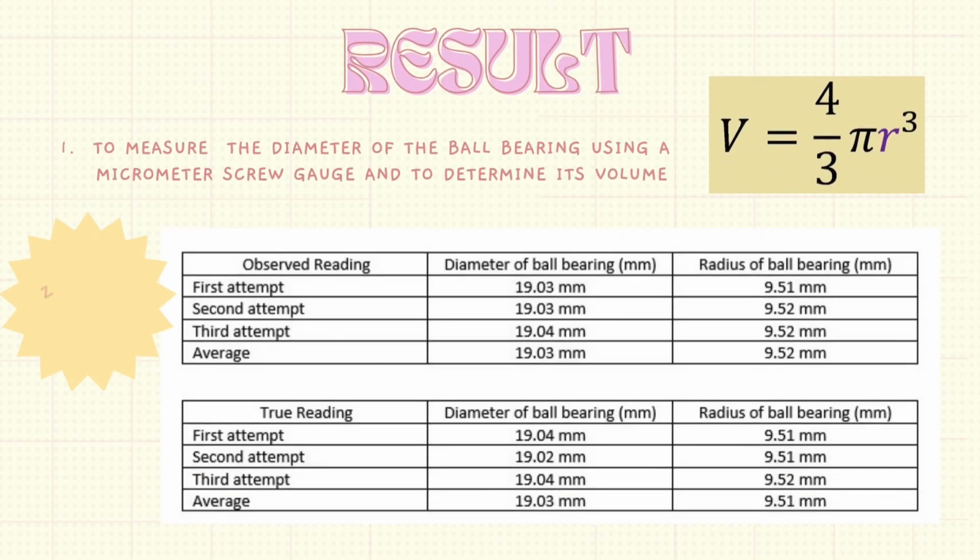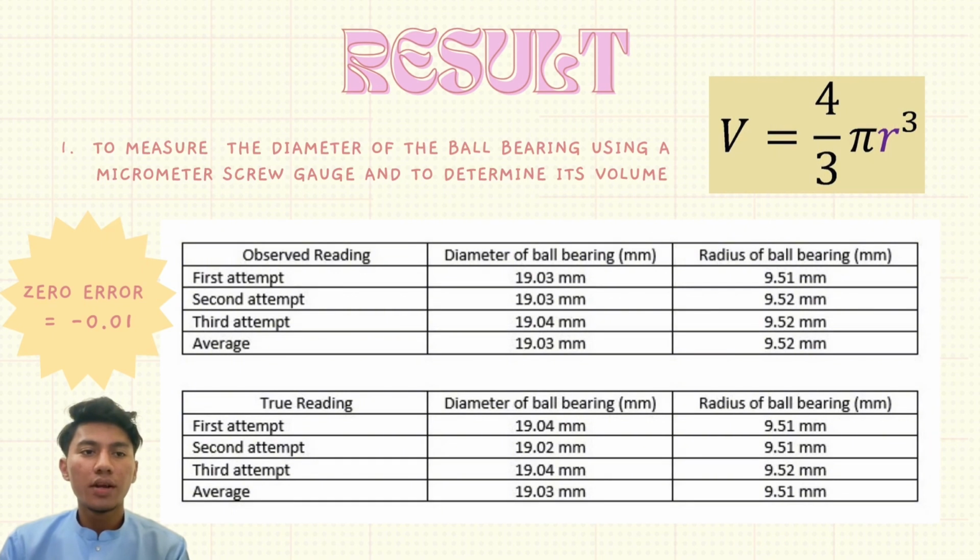For the result, we measured the diameter of the ball bearing using a micrometer screw gauge and determined its volume. The formula of volume is equal to 4/3 multiplied by pi and r cubed. The observed reading for the diameter of the ball bearing is 19.03 mm and for the radius we got 9.52 mm.